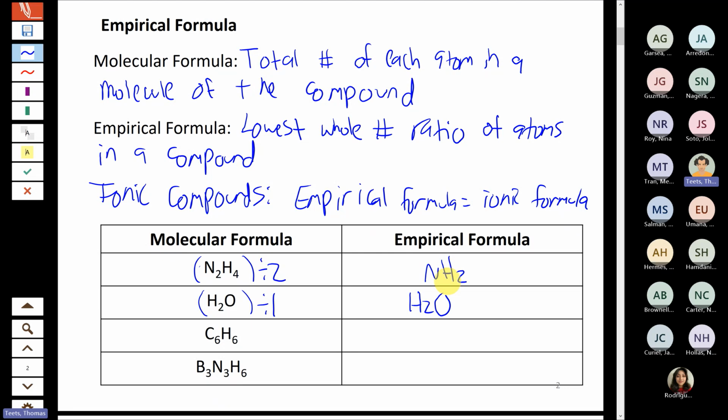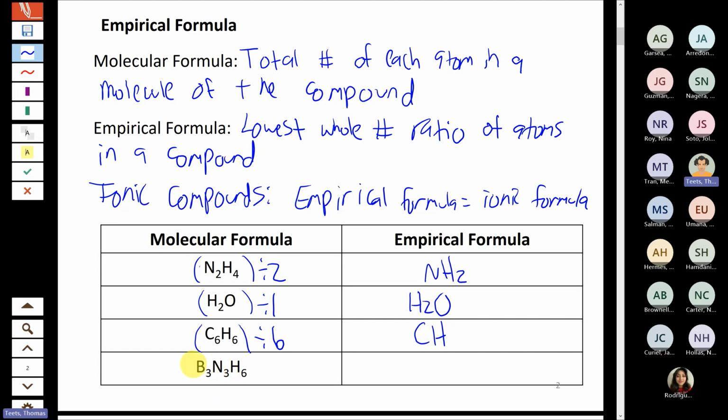That certainly can be true if your molecular formula represents a smallest whole number ratio. If we go to benzene, which is C6H6, that hexagon-shaped molecule we talked about at the end of chapter 4, this one has subscripts of 6 on each of the atoms. So we can divide both of those by 6 and get an empirical formula of just CH, one of each. And then for this one here, you have B3N3H6.